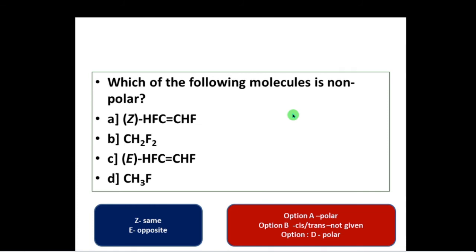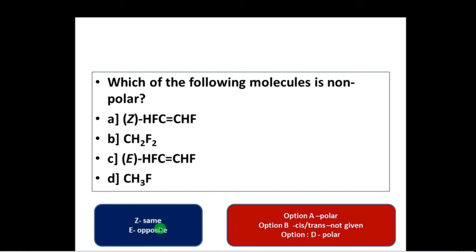Which of the following molecules is non-polar here? The options are given in EZ notation, because once we come across geometrical isomers, cis-trans cannot always be labeled. In this case we need to go for EZ notation.